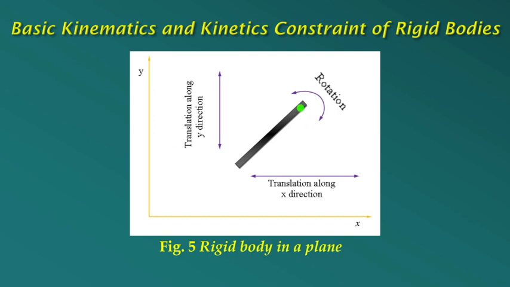Now, in the kinematics, we are going to discuss the translation or rotation, means movement parameters of this motion: velocity, displacement, acceleration, all this. But we will not discuss the force that causes this motion. That is the kinematics.